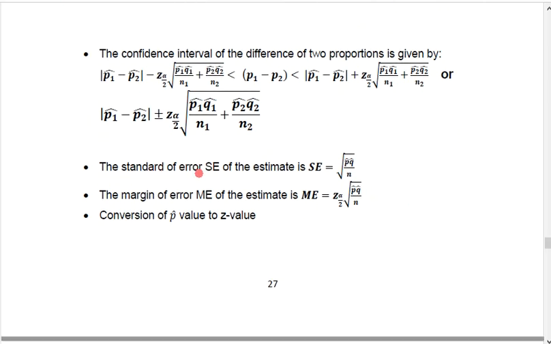The standard error or SE, yung ating standard error of the estimate, ito yung formula ng standard error. Kung doon sa population mean, ito yung tinatawag natin na margin of error. Okay, ito yung formula for the standard deviation of the proportion.